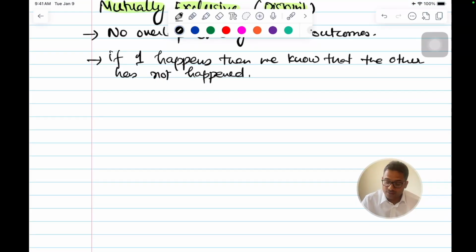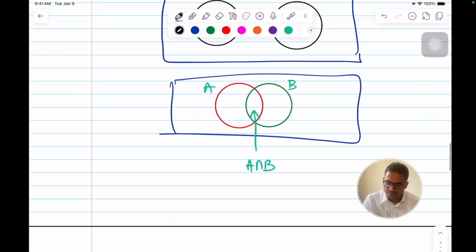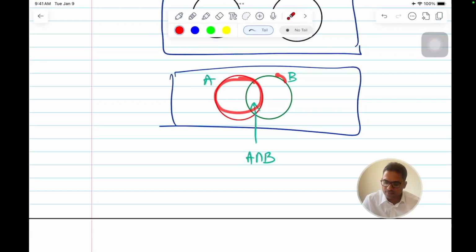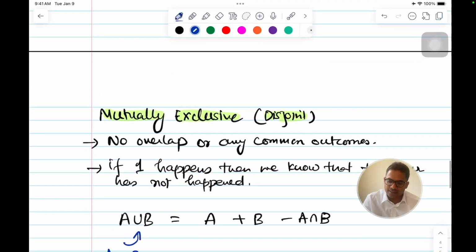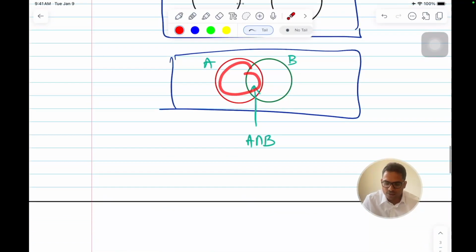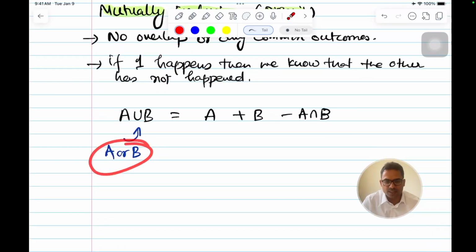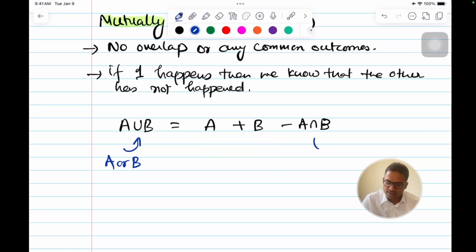Let's understand it from the perspective of set theory. We say A union B is equal to A plus B minus A intersection B. A union B means A or B. If I want to find anything that is either in A or in B, that is denoted as A union B, or A or B. That is given by A plus B minus A intersection B, which is read as A and B, the overlap part.